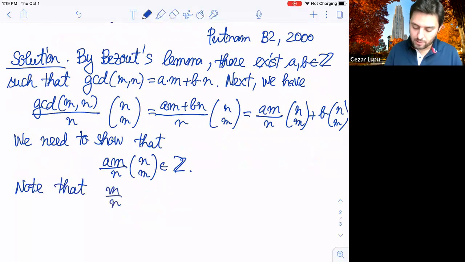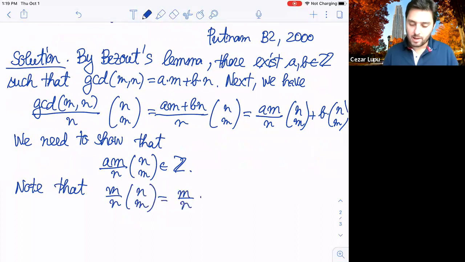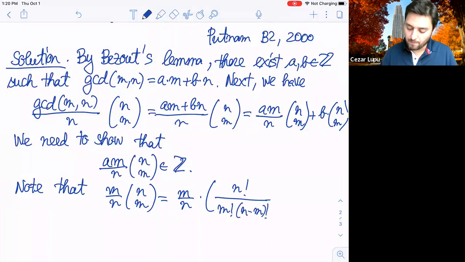m over n times n choose m, this guy here is m over n times, and now let's write n choose m by the definition. This is n factorial over m factorial times n minus m factorial, right?